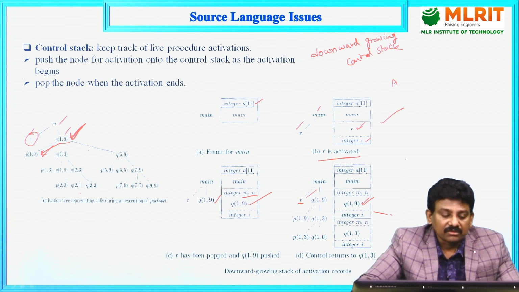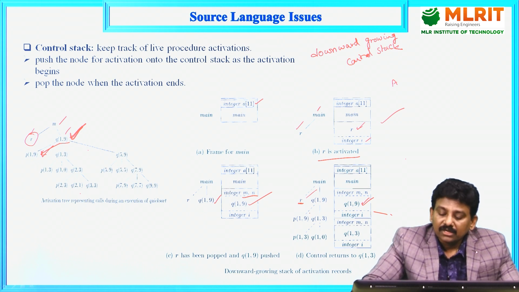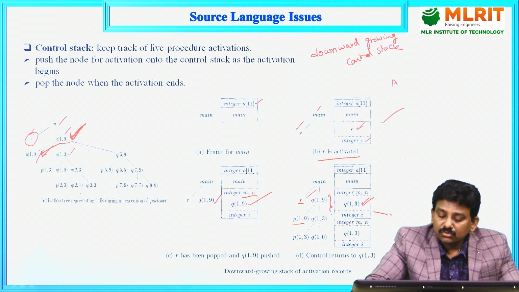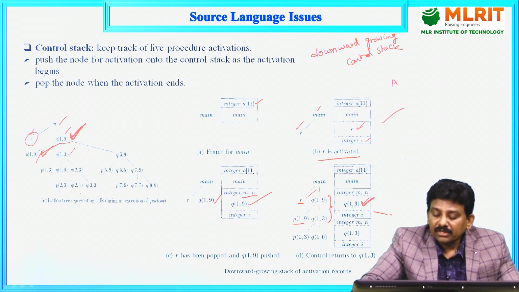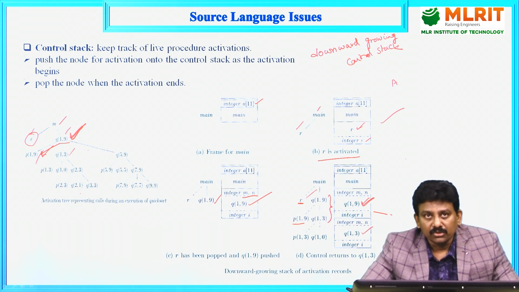After that, partition is alive, and then we pop partition from the stack. Then we call quicksort 1, 3. Quicksort 1, 9 and quicksort 1, 3 are both active, so both activation records are pushed onto the stack.